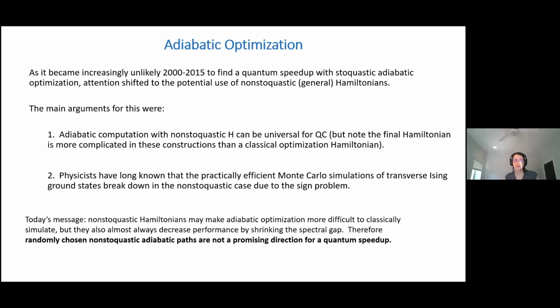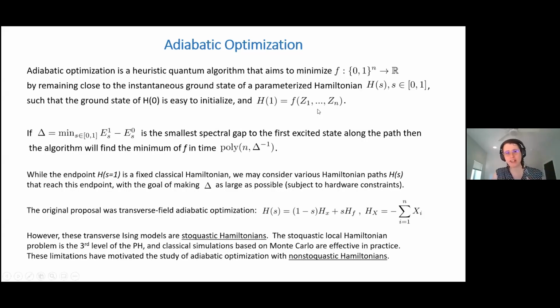And when we consider non-stochastic models, with a sign problem that don't have the stochastic property, it turns out that adiabatic computation can actually be universal for quantum computing. So any quantum algorithm can actually be done in this ground state framework, but not the exact one I just explained, because in the more general universal constructions, the final Hamiltonian is not just diagonal in the computational basis.